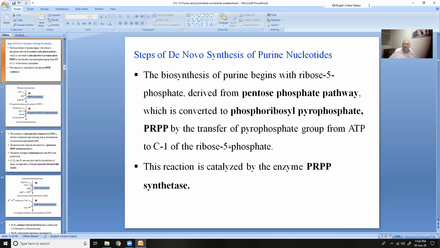Now, de novo synthesis of purine nucleotides. The biosynthesis of purine begins with ribose 5-phosphate from the pentose phosphate pathway. Remember the HMP shunt?